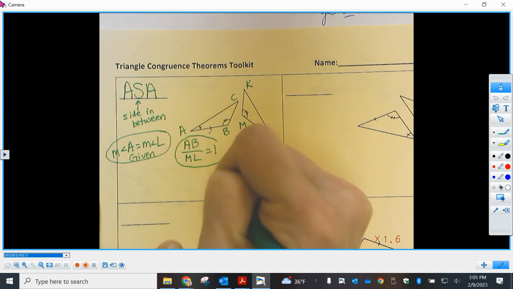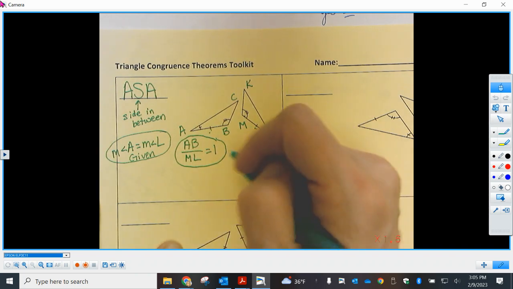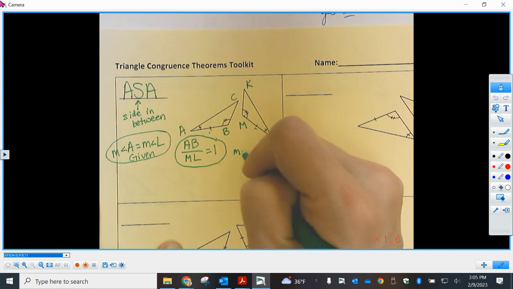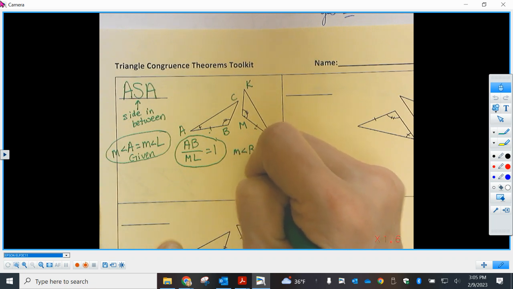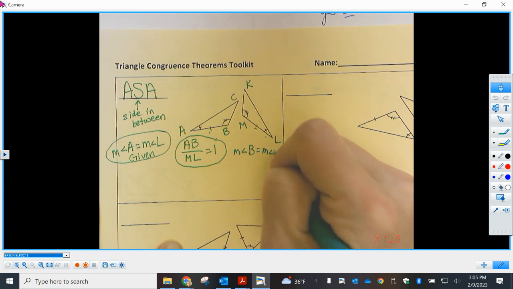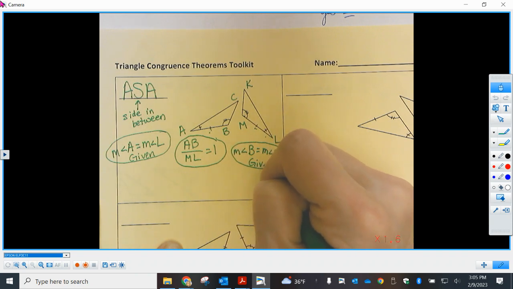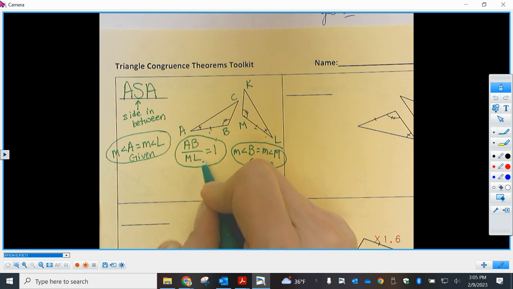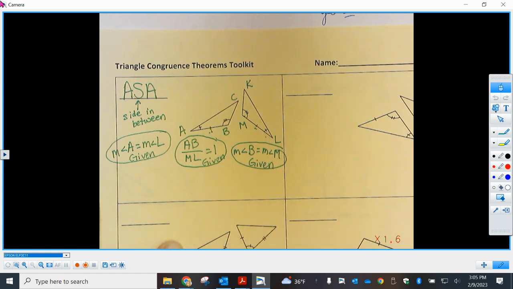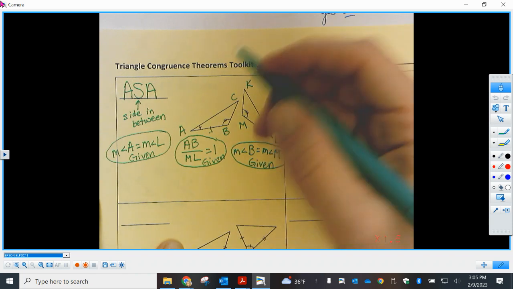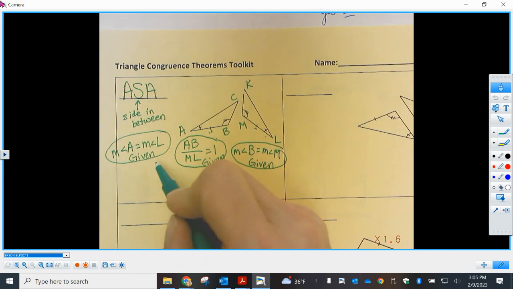They're marked as the same. And then we can say the measure of angle B equals the measure of angle M. That was also given in the picture. Okay, they're marked as equal. That's what that little symbol means. Remember, it means that those parts are equal.